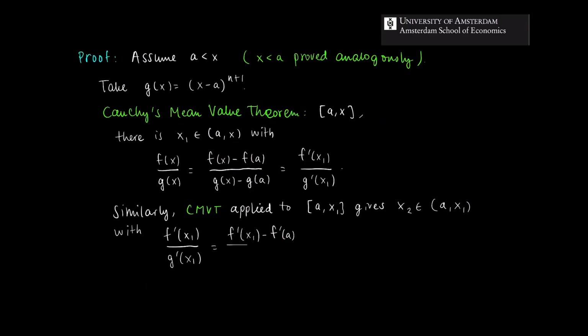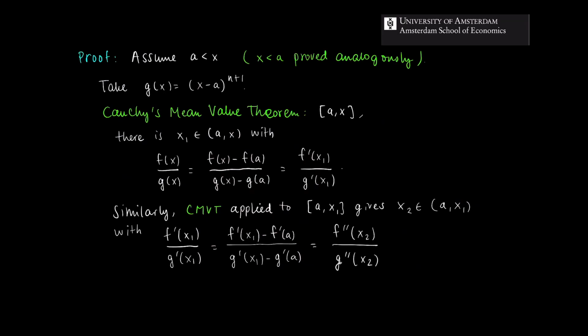And also, the first order derivative of g is still 0. So assume that n is larger than 1, then also this derivative vanishes. So Cauchy's mean value theorem now says that this ratio of differences of function values can be written as the ratio of the second order derivatives in some point x2 in (a, x1).